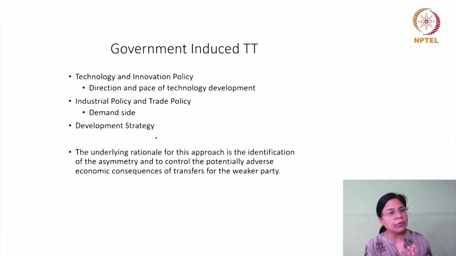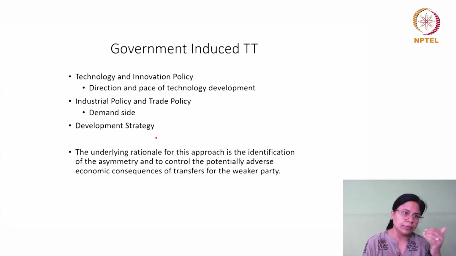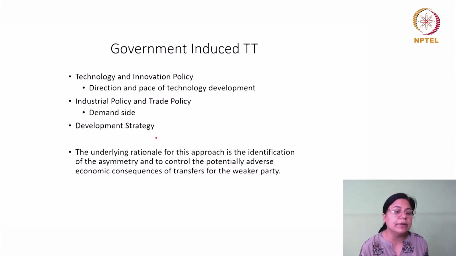So when we talk about science, technology and innovation policy, we will look at the narrow approach towards government intervention with respect to science, technology and innovation vis-a-vis a broader approach, and then we will be able to understand the different types of strategies that might be engaged. However, the underlying rationale for this approach is to recognize that when it comes to international technology transfer via multinational enterprises or through collaboration activities, our domestic players might be at a disadvantage.